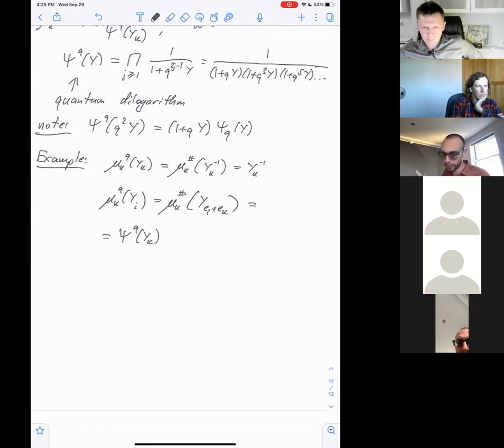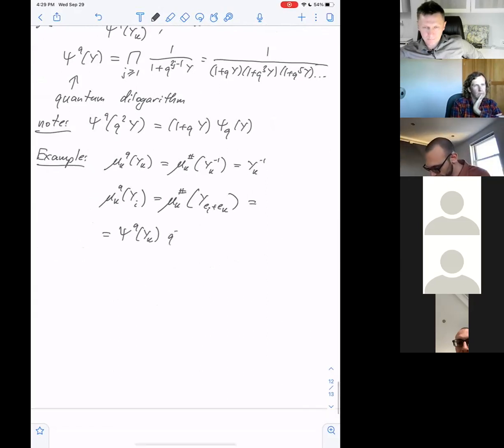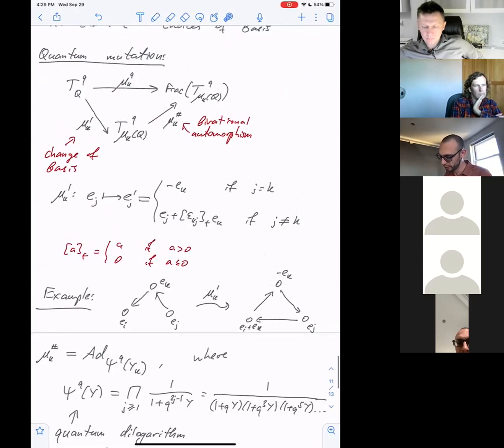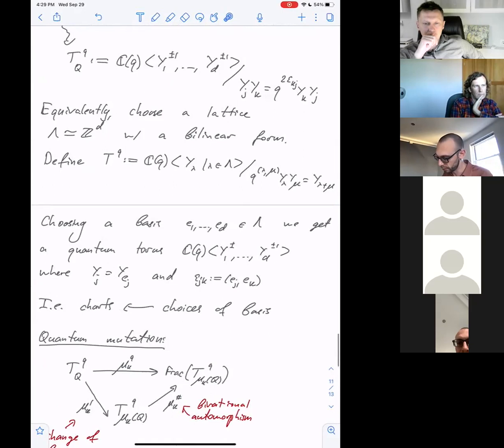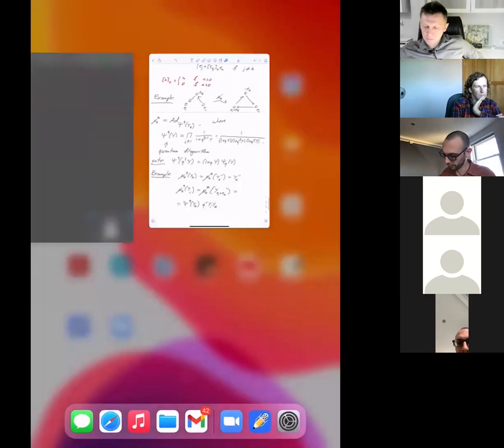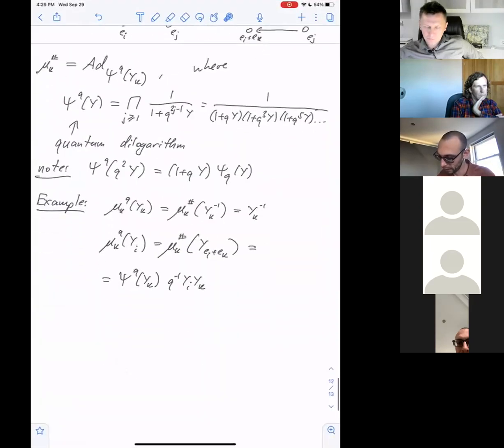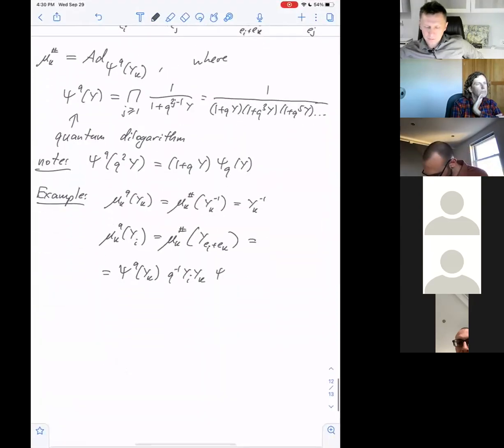And y e i plus e k, we can decompose as q inverse yi yk, just because of how we defined over here, sorry for scrolling, over here we had this relation over the torus. So we can factor it as q inverse yi yk or q yk yi. And here we do conjugation, and here we do psi q of yk inverse.